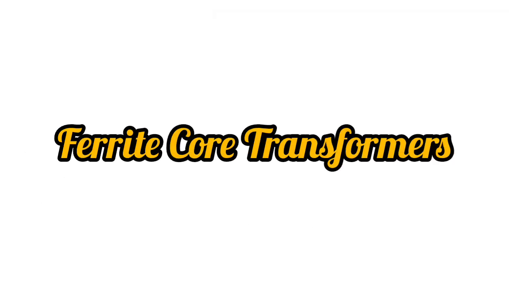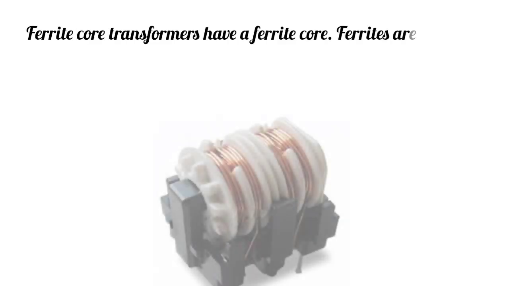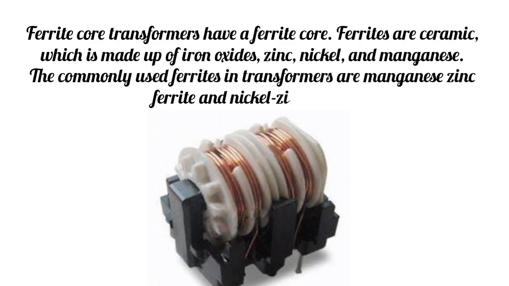Ferrite core transformers. Ferrite core transformers have a ferrite core. Ferrites are ceramic, which is made up of iron oxides, zinc, nickel, and manganese. The commonly used ferrites in transformers are manganese zinc ferrite and nickel zinc ferrite.